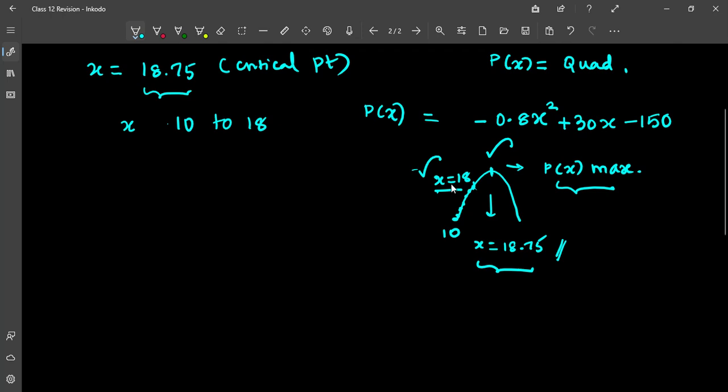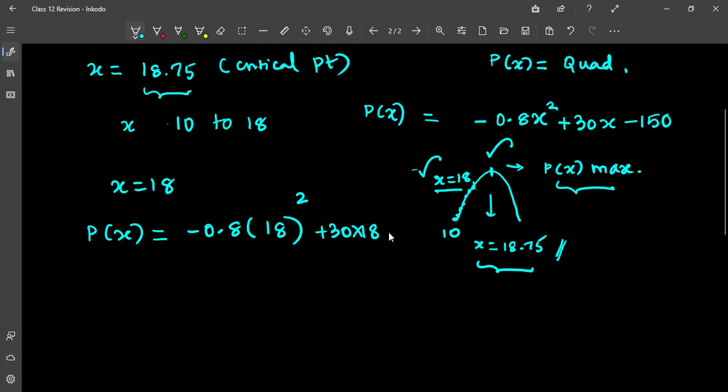So we stop at x is equal to 18, and the corresponding profit when x is equal to 18 would be minus 0.8 into x square plus 30 into x minus 150. That would be minus 0.8 into 18 square plus 30 into 18 minus 150.